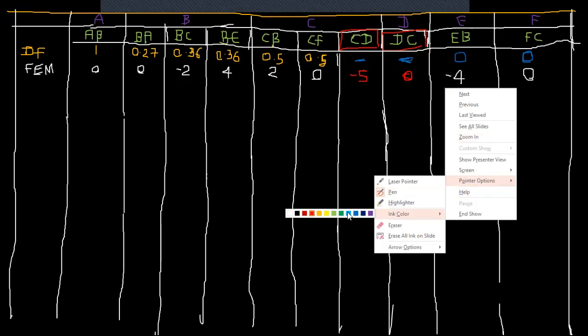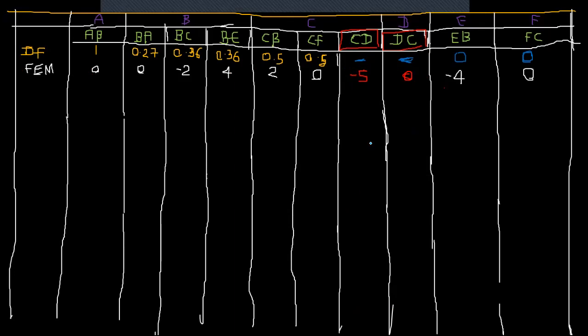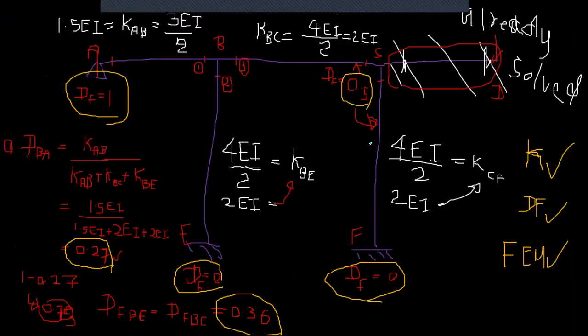So E and F are also fixed, so you don't need to do anything. You are lucky, right? E and F are all there, so finally there should be a bending moment.